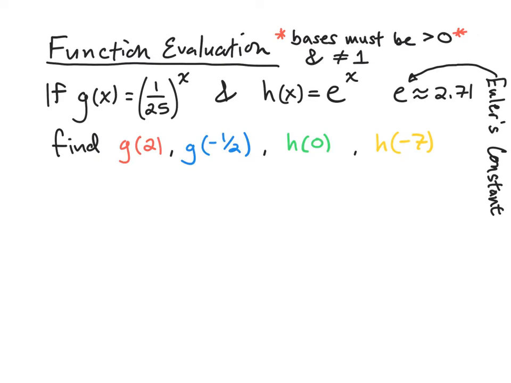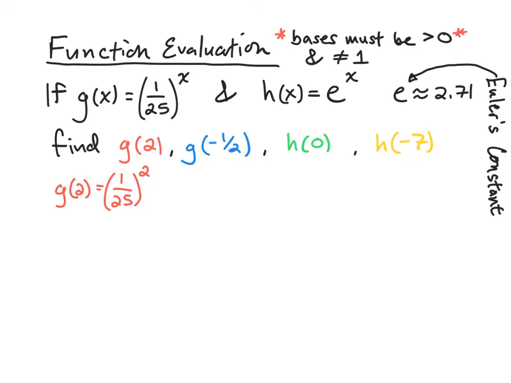So if g of x equals 1 over 25, all of it raised to the x power, we can find out what g of 2 is simply by substituting 2 in for x. So let's do that. G of 2 equals 1 over 25, and we substitute 2 in for x.